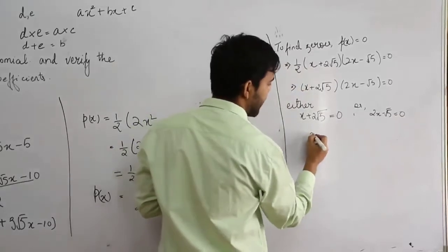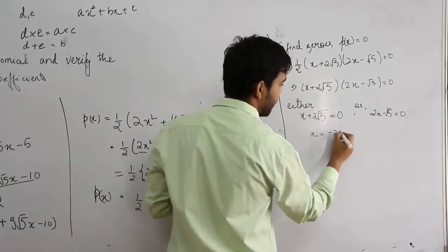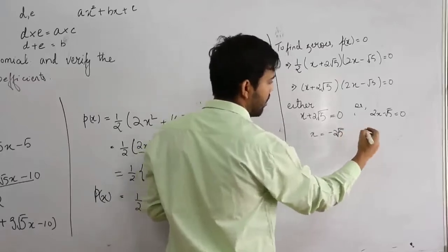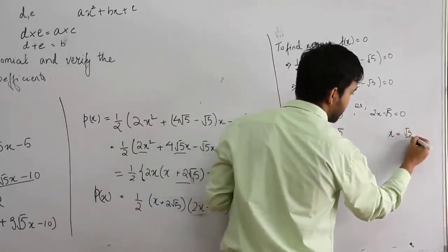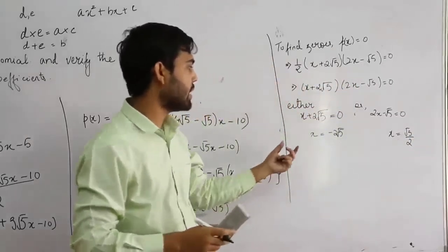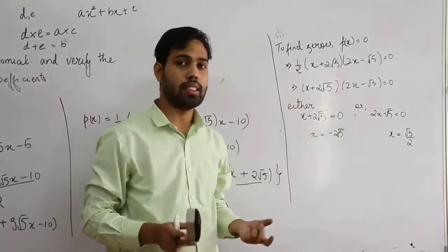So I have x equal to minus 2 root 5 from here, or x equal to root 5 by 2 from here. So I am getting two values of x, and these two values are the zeros.